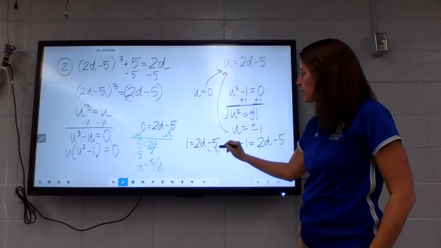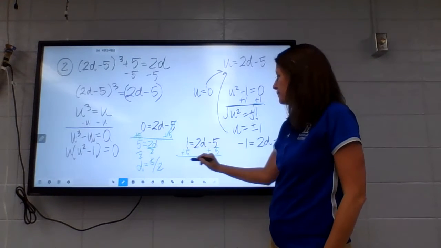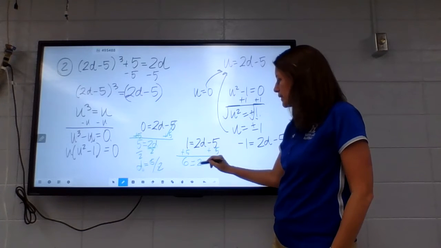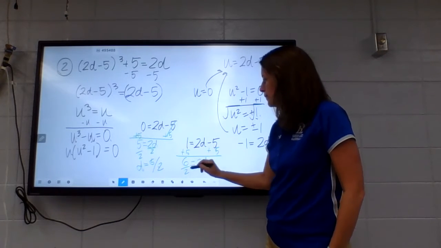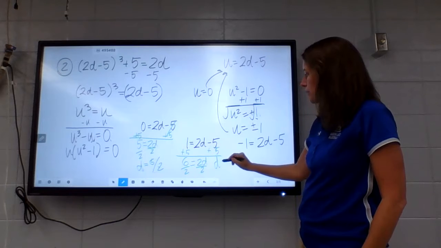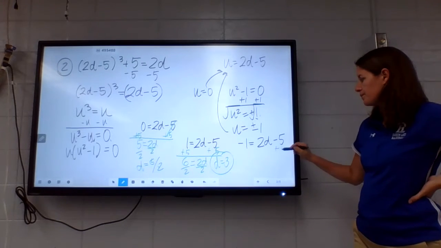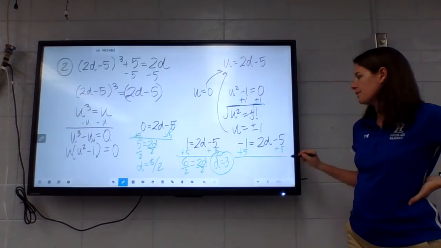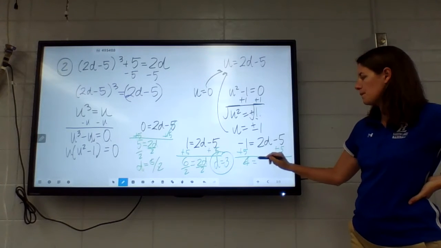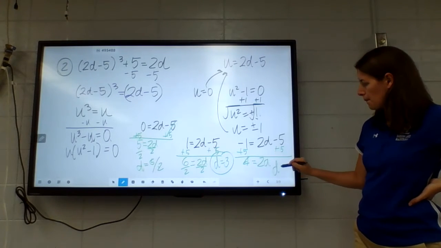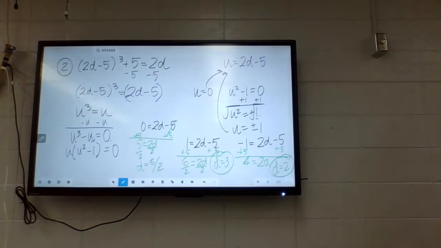Move this one over. This one's going to be 3. So d is also 3. And then I believe this one's going to be d is 2. So we get 3 answers there.